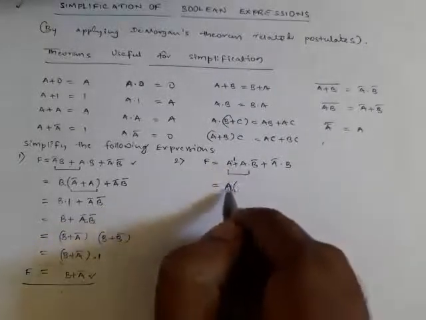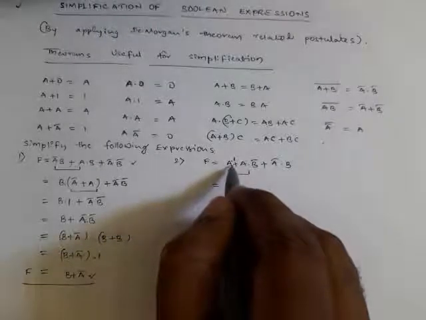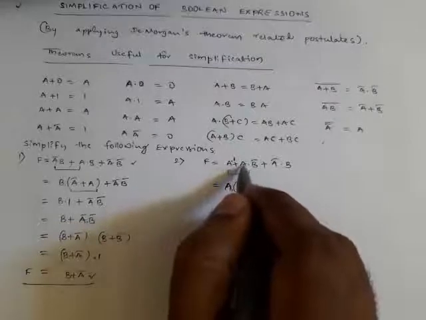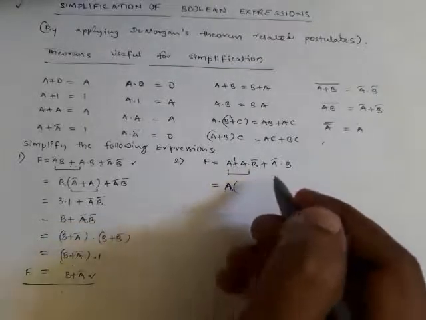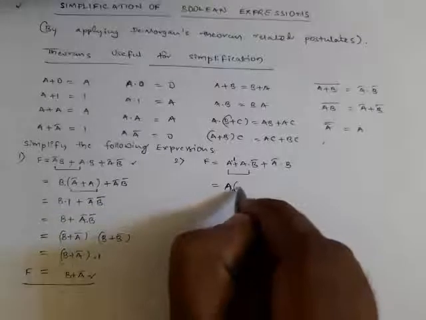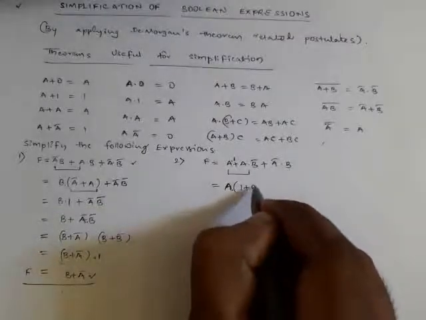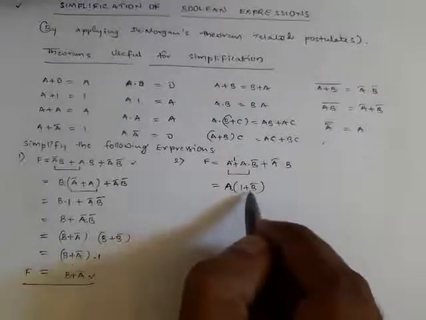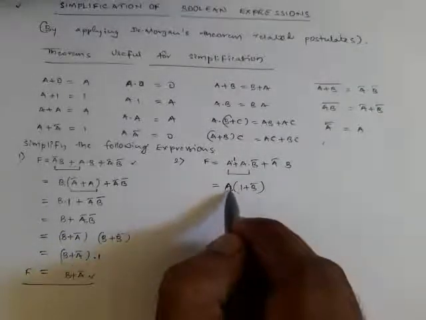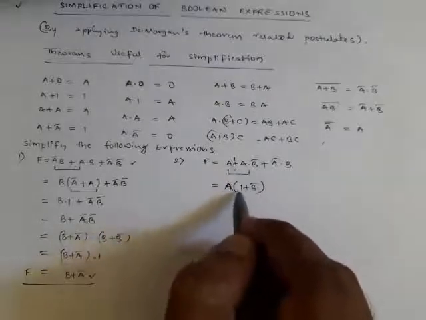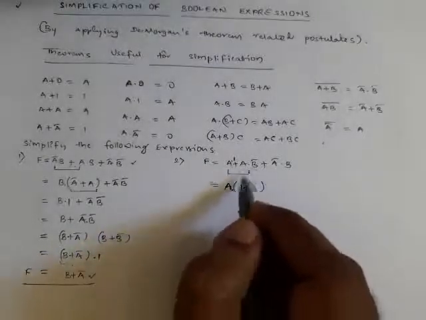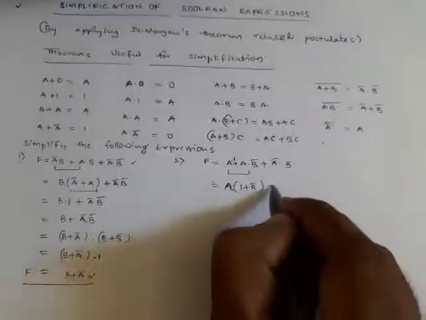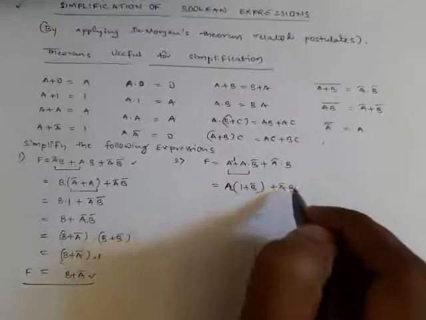When the AND operation is distributed over OR, you will get a dot 1 plus a dot b bar, and in the reverse case this becomes a dot (1 plus b bar). So when you distribute, it becomes a dot 1 the first term, a dot b bar the second term. We'll write the remaining term as it is, a bar b.